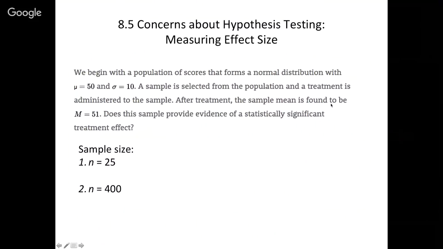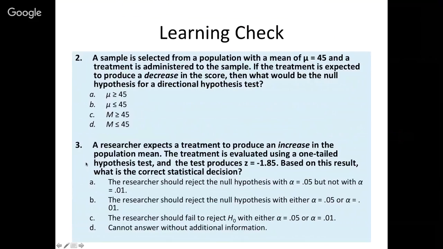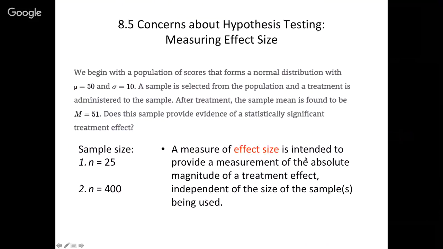So statistical significance depends on the sample size. A measure of effect size is intended to provide a measurement of the absolute magnitude of a treatment effect, independent of the sample size. So it's another measurement.